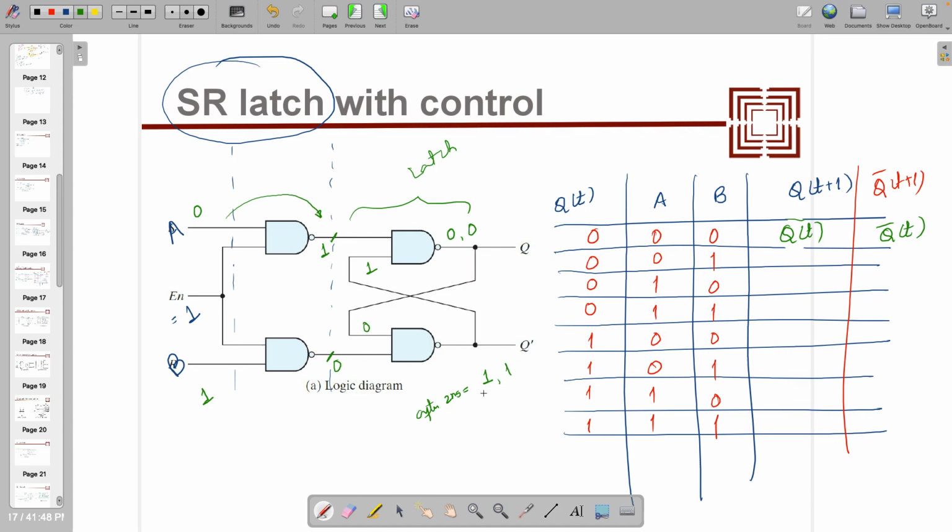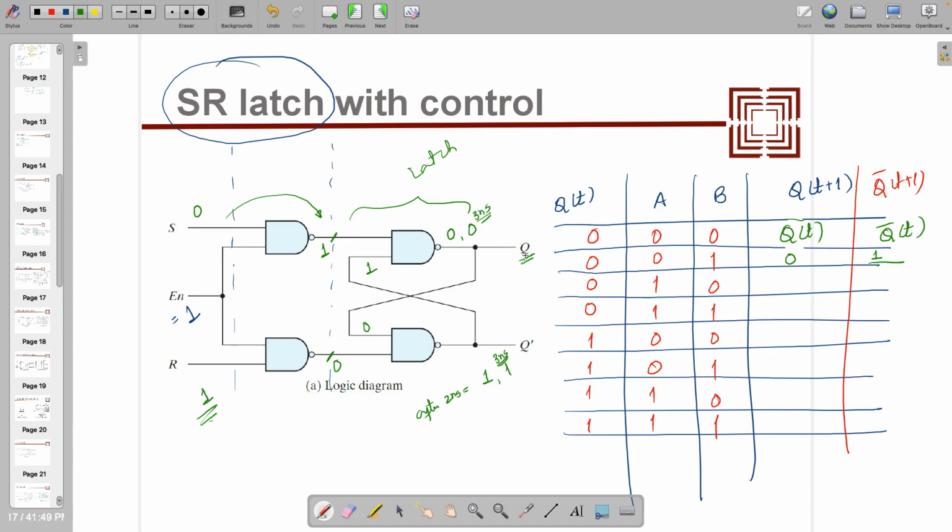So after 3 nanoseconds, it's 1, after 3 nanoseconds, it's 0. If you look further at 4 nanoseconds, 5 nanoseconds, this will remain the same. It's not going to change. So Q remains 0 and this becomes 1. So whenever reset equals 1, it's resetting the output. You see, it becomes 0.